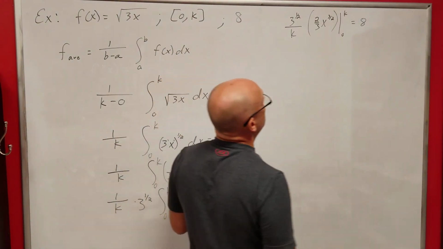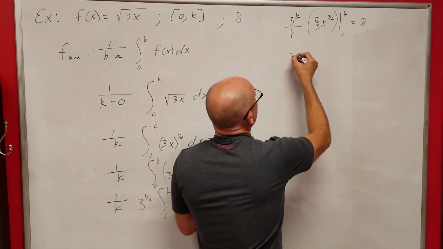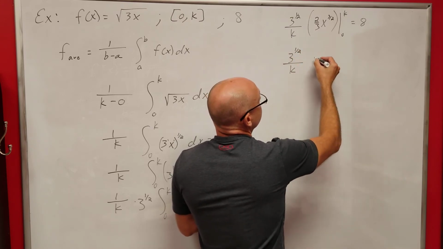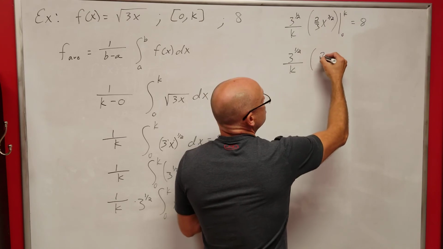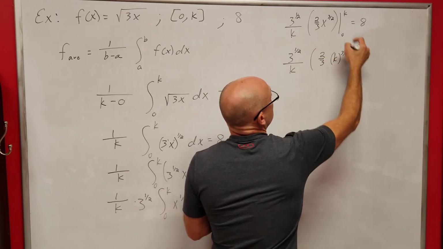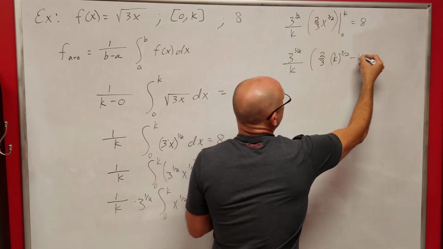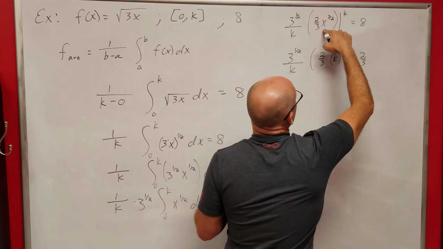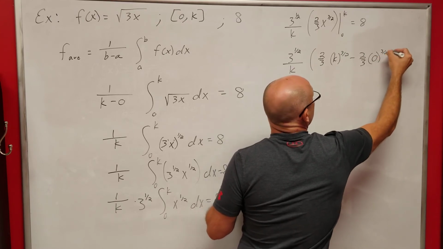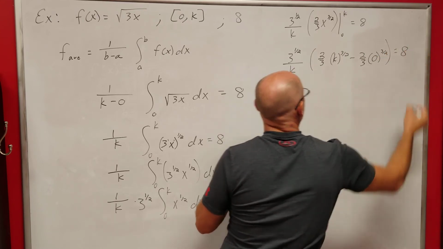All right, let's see what we have here. We have 3 to the 1/2 over k times 2/3 times k to the 3/2, minus 2/3 times 0 to the 3/2, is all equal to 8.